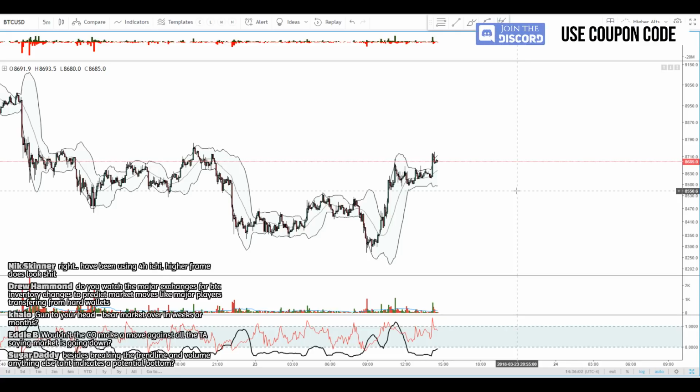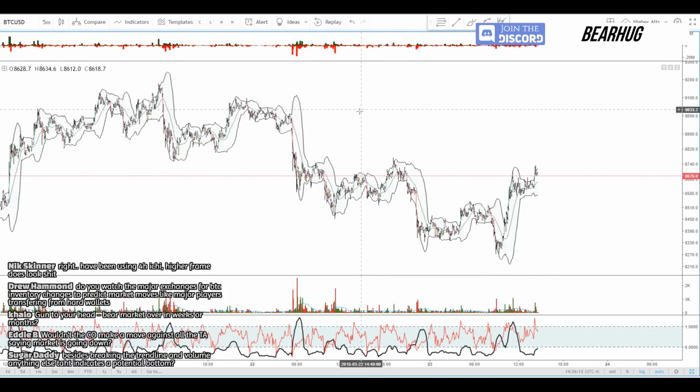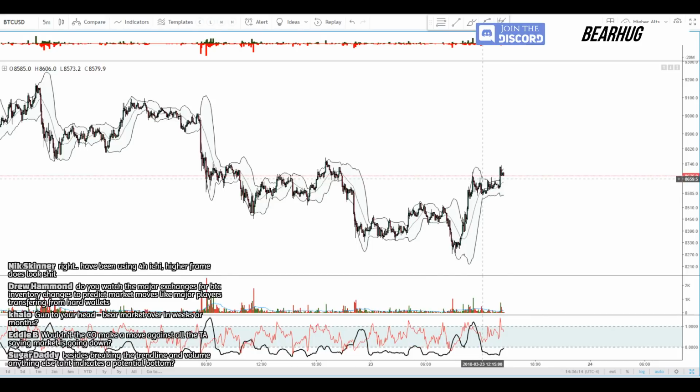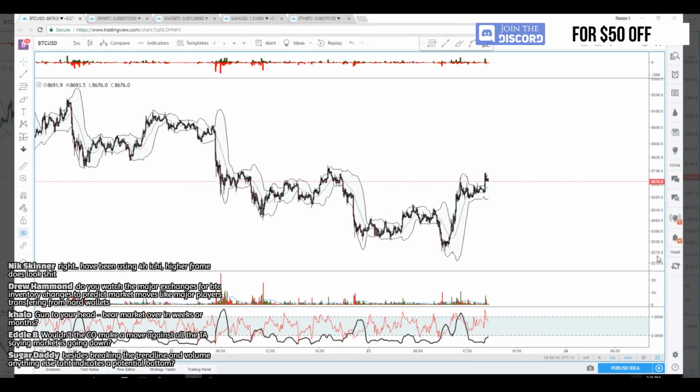Wouldn't the market makers make a move against all the TA? You're saying the market is going down. Yeah, of course they do. That's why you see things like double bottom fake outs, inverted head and shoulders fake outs like this. It fails to make a new high, breaks out, breaks down, traps all these bulls, squeezes them out in here, rinse, repeat.